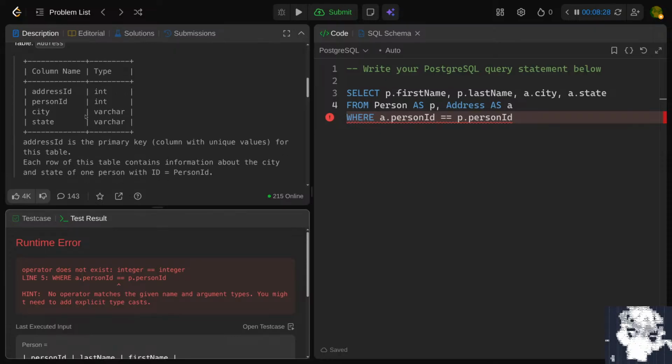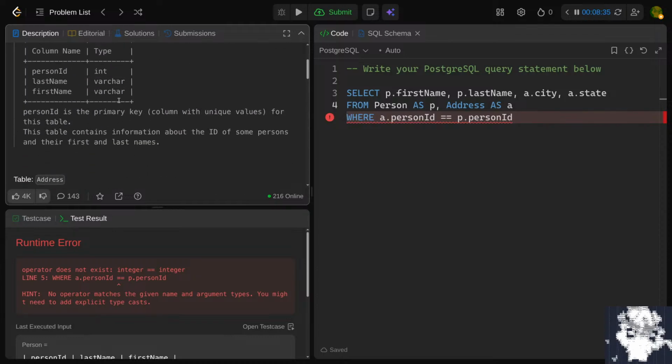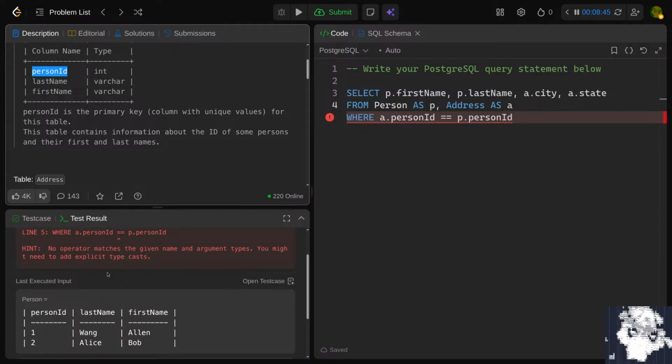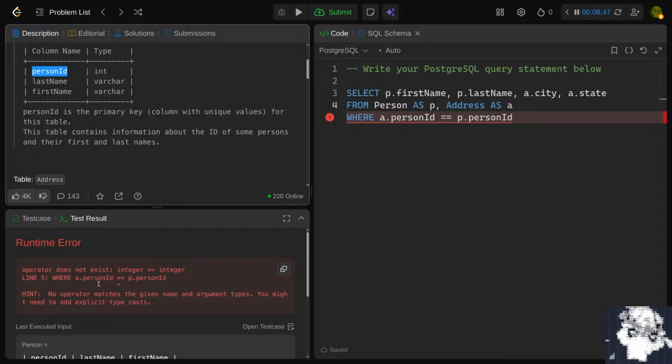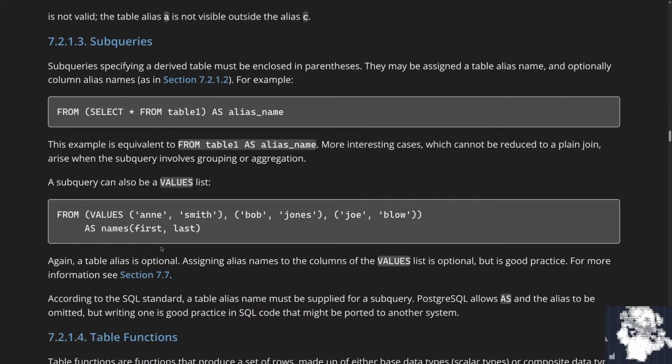Or are these not the same types? Person ID is an int in one table. It's an int in the other table. How do I do a join with aliases?